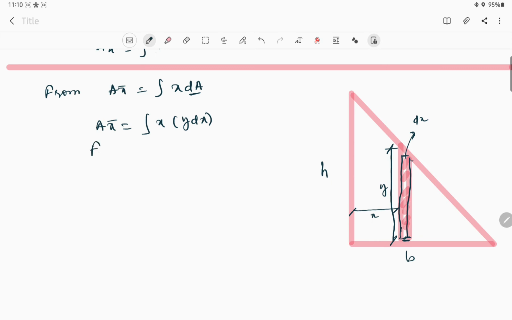So from similar triangles, we have height by base is equal to y by b minus x. This distance is b minus x, isn't it?